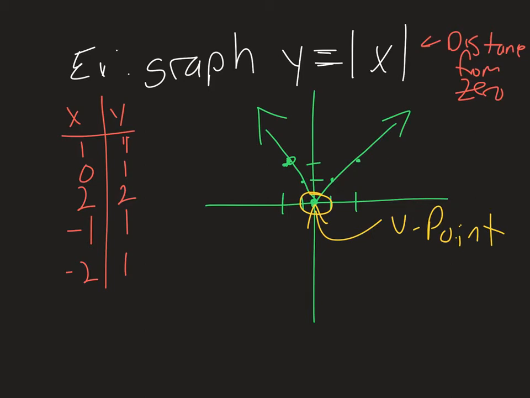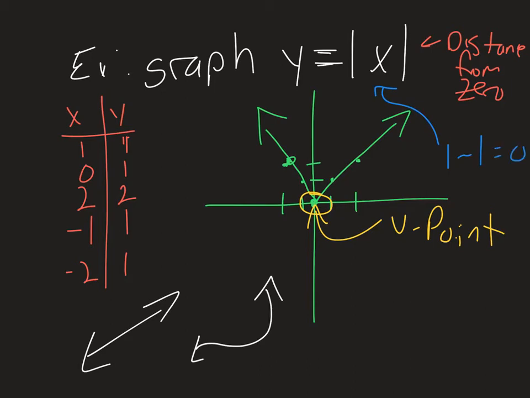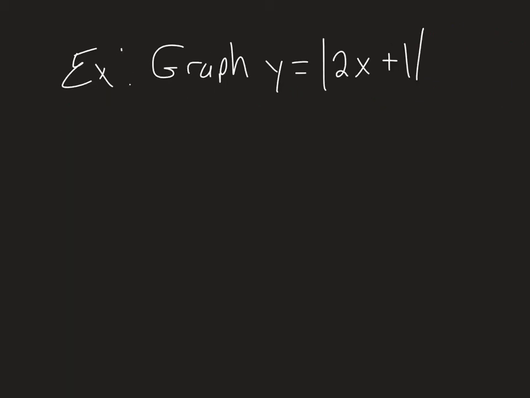They're very sharp, very much bent at a very unnatural angle, in terms of normally when we graph a function, it's either a line or it has some curvature to it. But the idea is we are trying to figure out ways to find this V point. And the idea is that happens when whatever is inside the absolute value is equal to 0. And that'll come in handy in our next example.